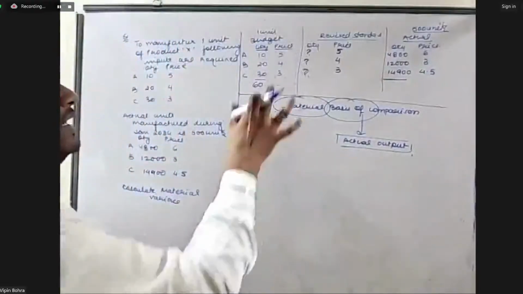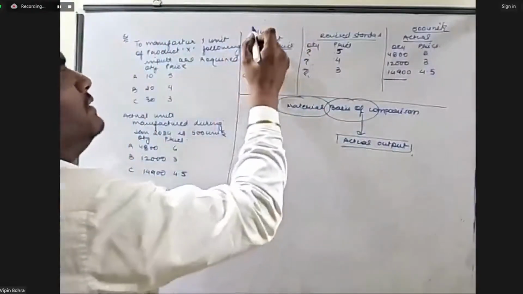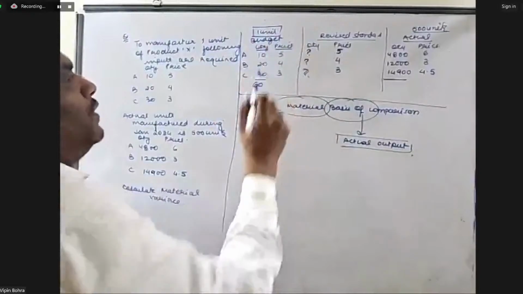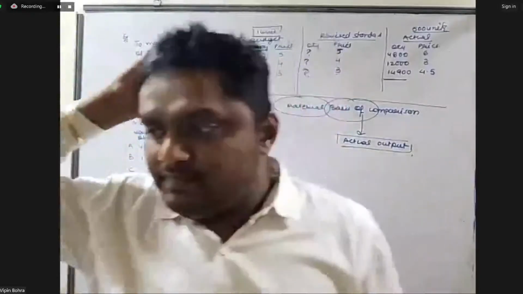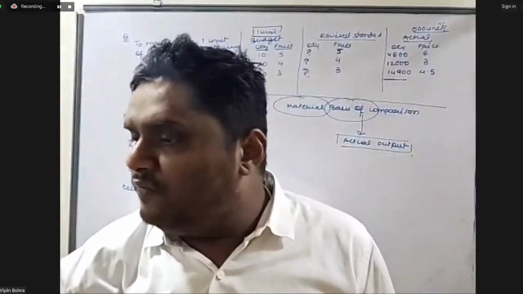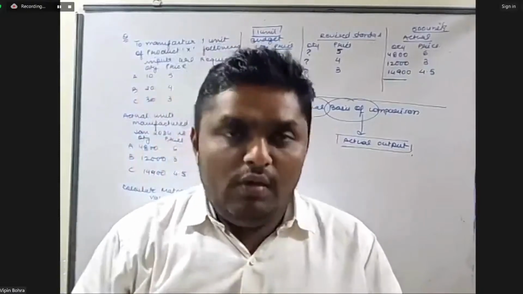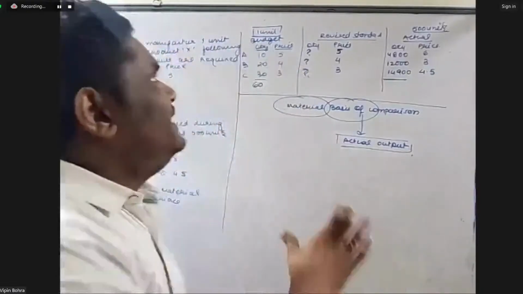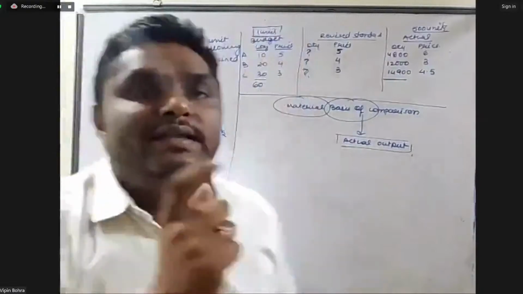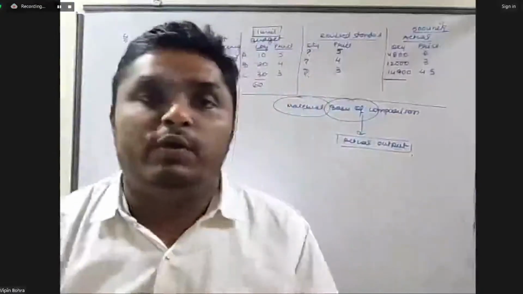So see, this data talks about 1 unit of output. Very good Mohammed, very good Bandi, very good Jay Kanan, very good Mahendra. So when talking about this data, it is given for 1 unit of output.